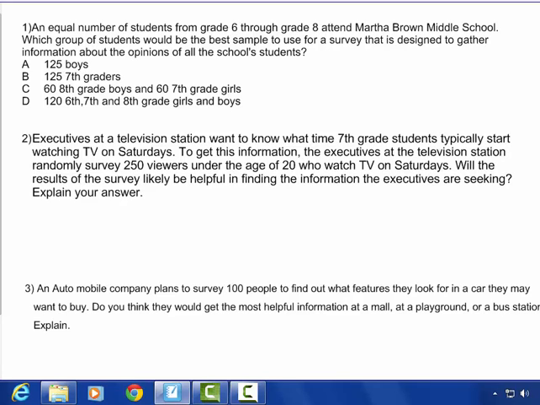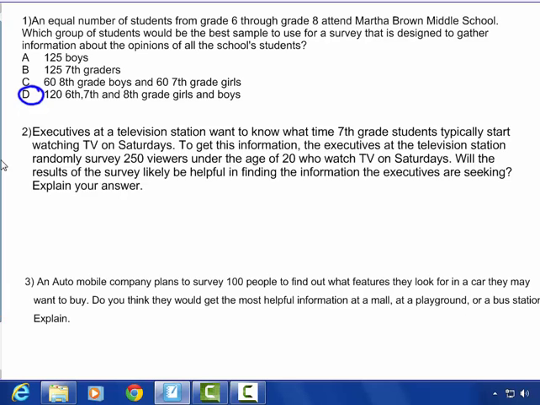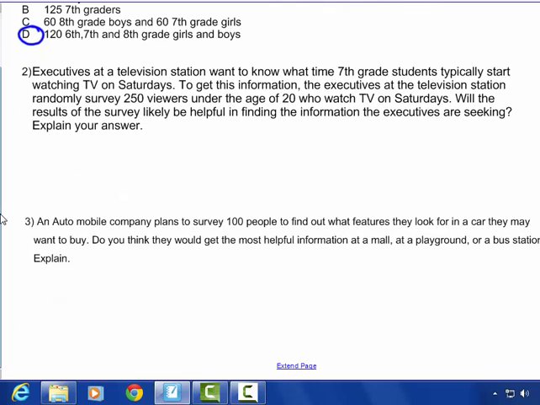Or would you ask 120 6th, 7th, and 8th grade girls and boys? Well, the most random of all of those, where it's not just boys, it's not just one grade level, and it's not just boys in a grade level or girls in a grade level, is to ask all 3 grade levels randomly, a group of about 120 6th, 7th, and 8th grade girls and boys. That would be the best choice there.